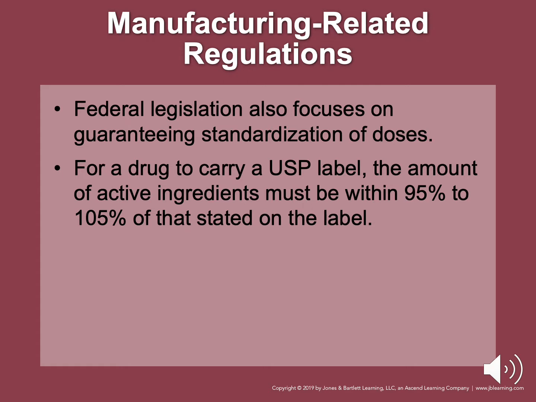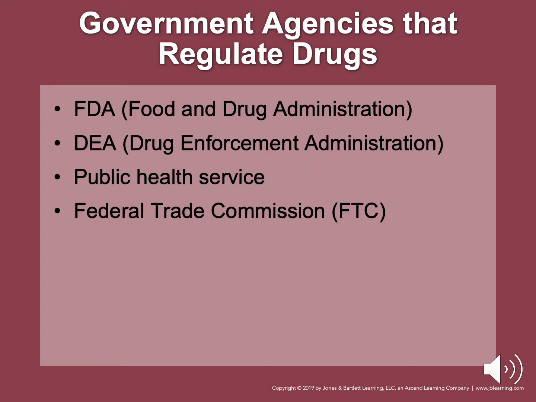Government agencies that regulate drugs are the Food and Drug Administration and the Drug Enforcement Administration. The FDA enforces the Food, Drug, and Cosmetic Act to determine safety and efficacy of drugs before they are allowed to enter the U.S. market.